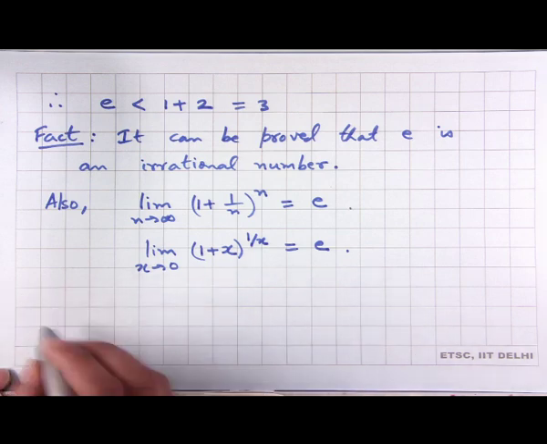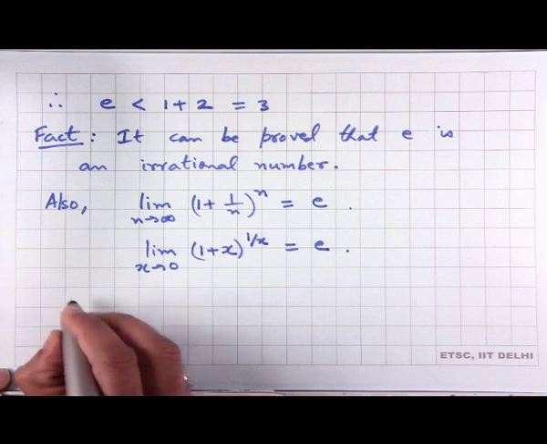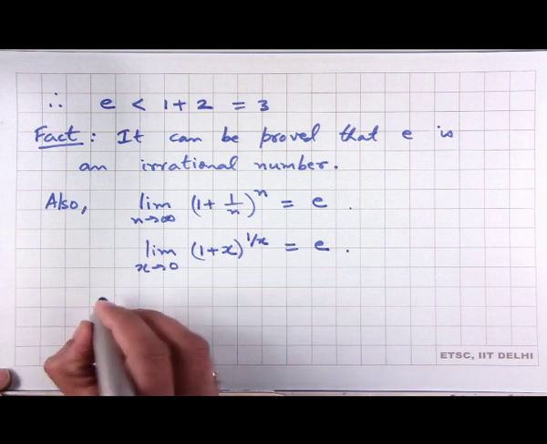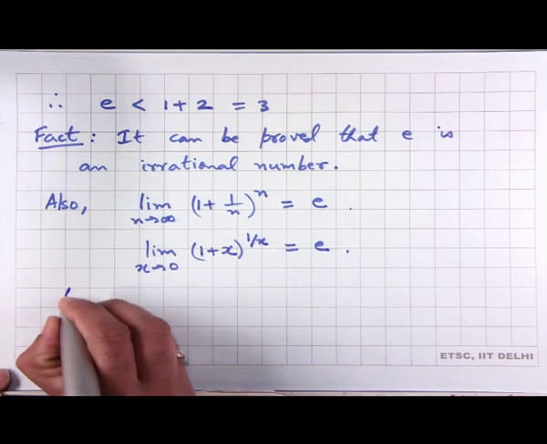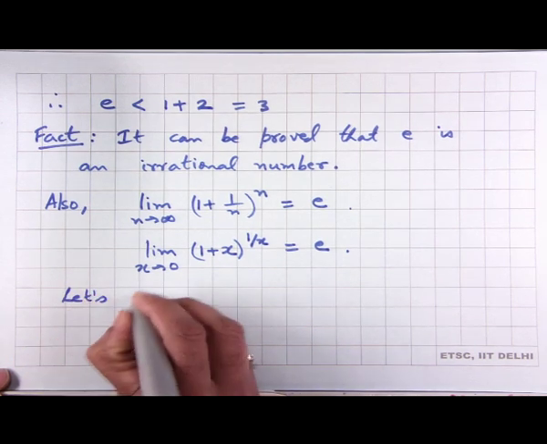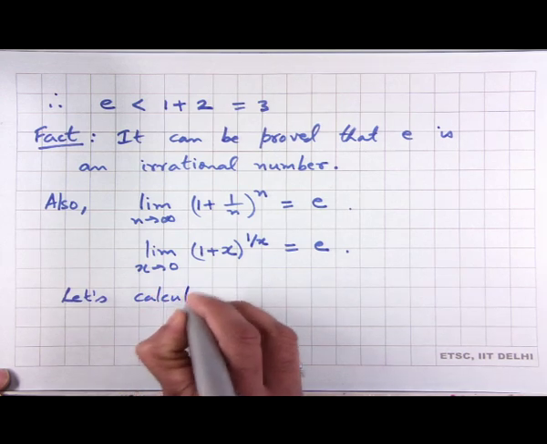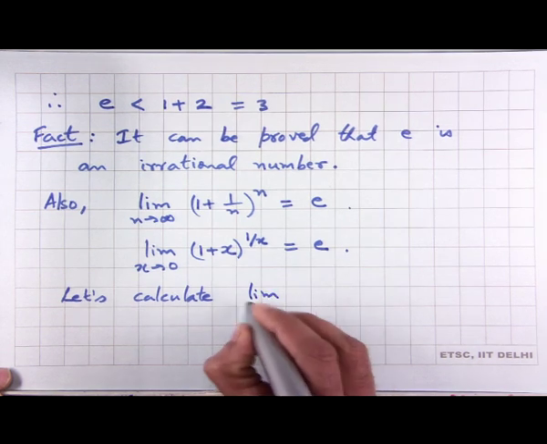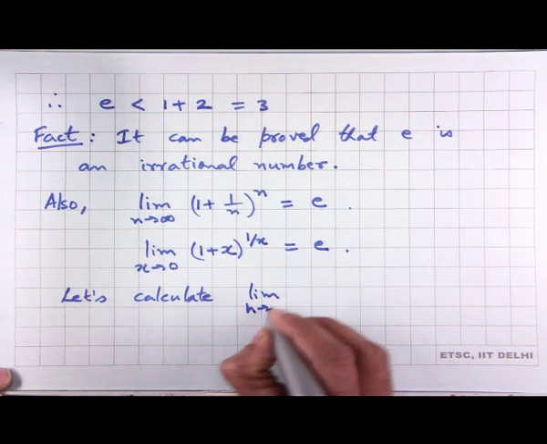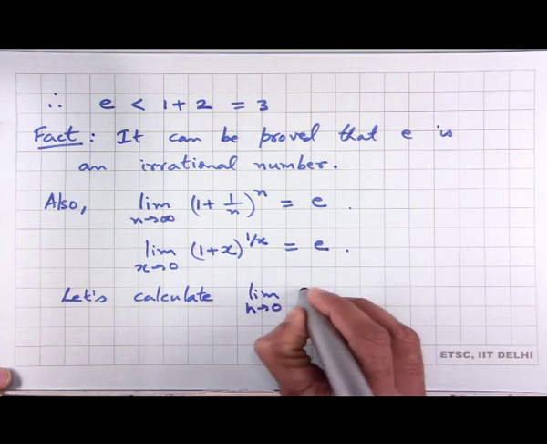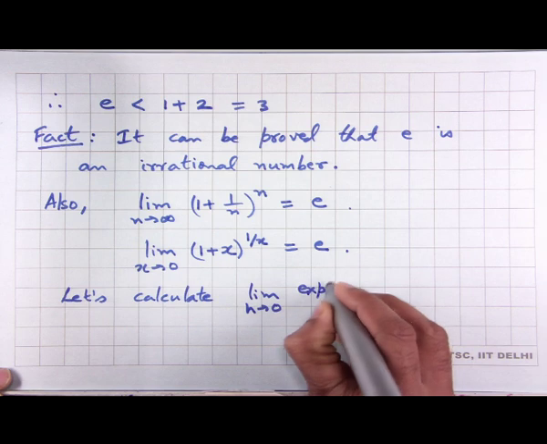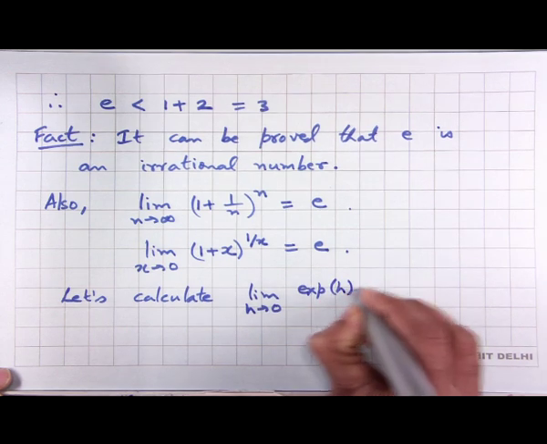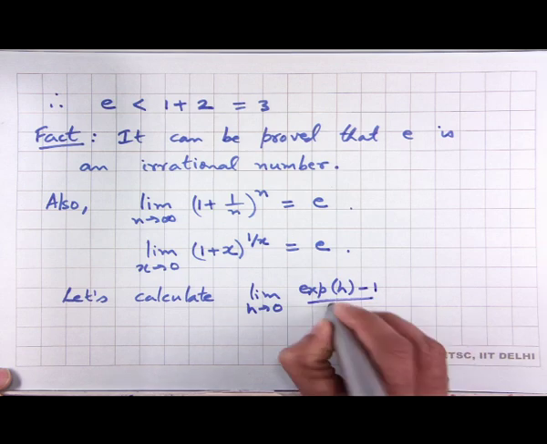Another thing that we will need is, let us calculate the limit of h going to 0 of (exponential of h minus 1) over h.